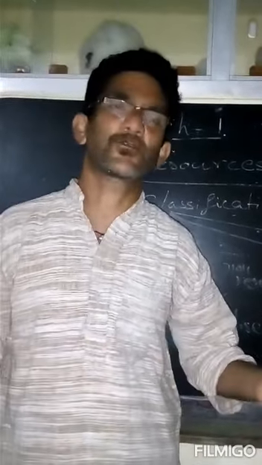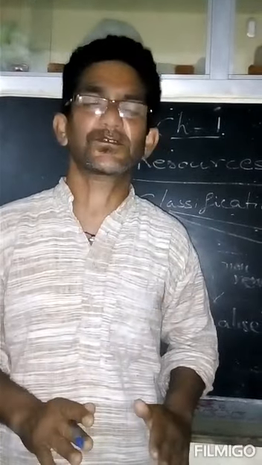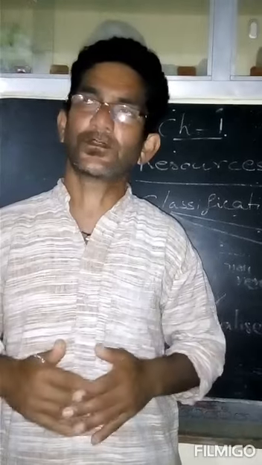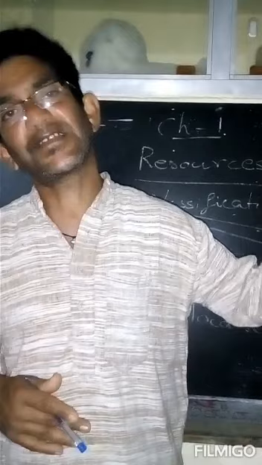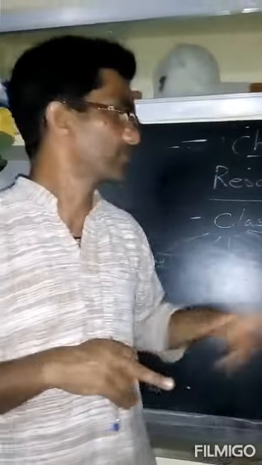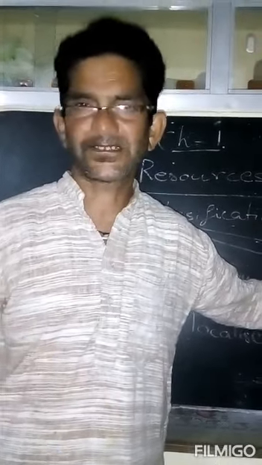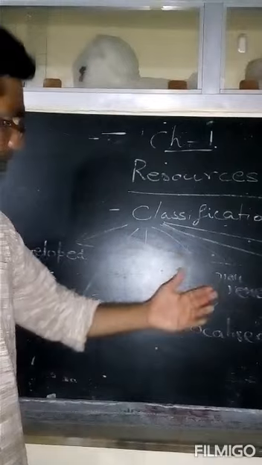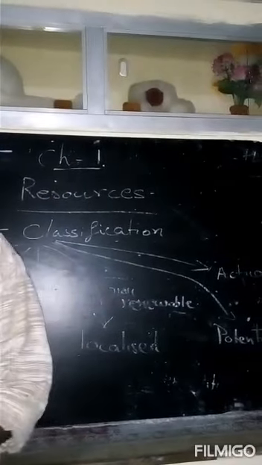We all know petroleum is an actual resource, and we utilize it for many purposes. It has been found in West Asia. That sort of resource is termed an actual resource. Is that clear? Okay, now we move forward. The next one is potential resources.